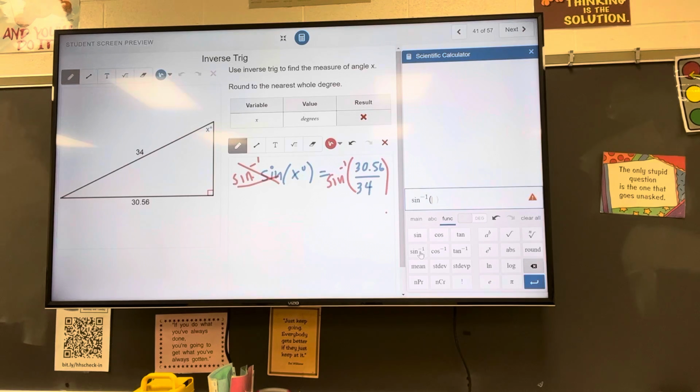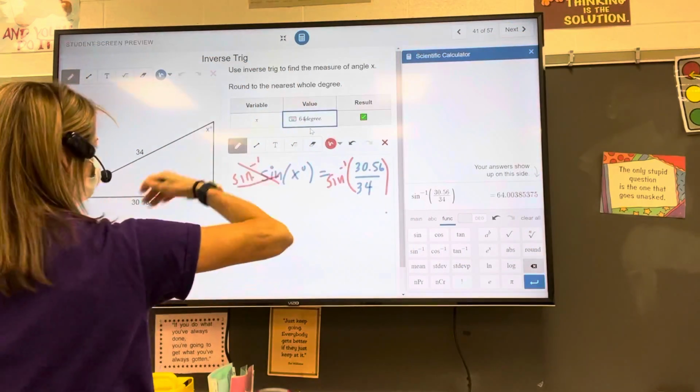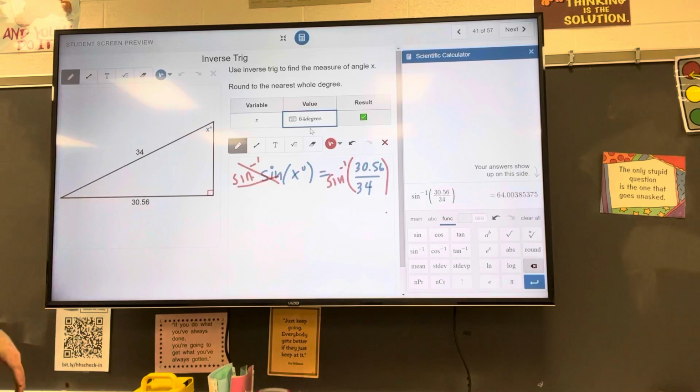The inverse sine of, now let the calculator do the rest for you, 30.56 divided by 34. And this one says round to the nearest whole degree, so that's just going to be 64. And in these problems, when you have the units, just type in the number before the unit. So it already says degree, just type the 64 before it, and then your computer will say, good job.